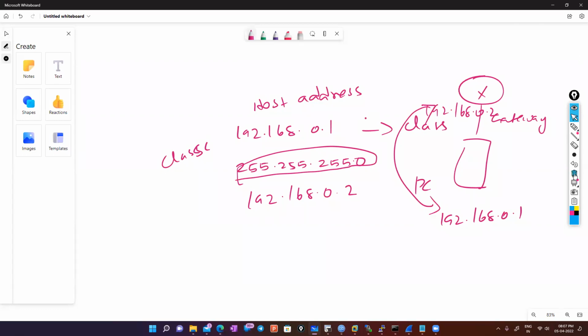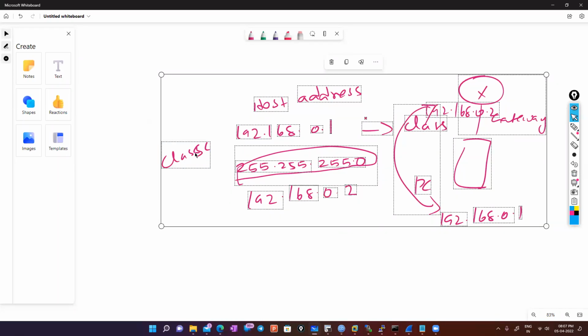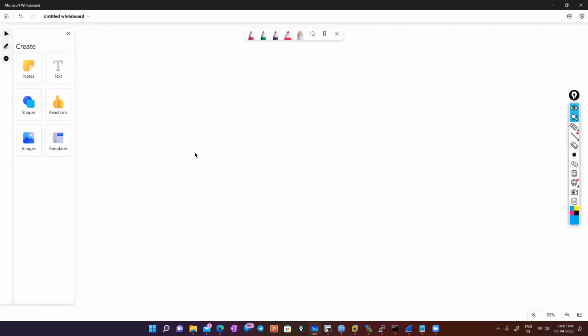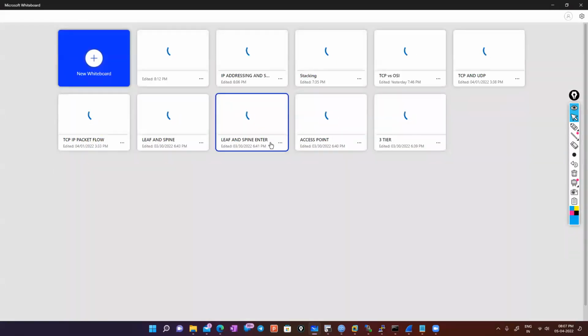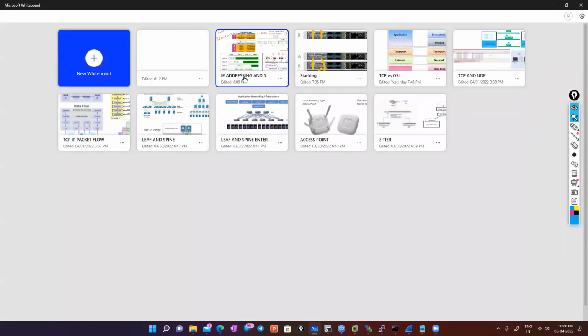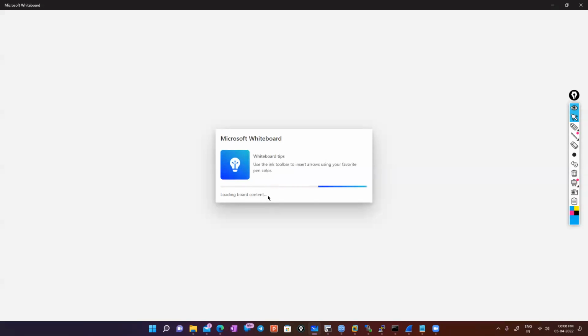I'll tell you, this is very basic. There are different ways of doing subnetting. People do subnetting in different ways. I'll show you the easiest way, which I follow all the time to do subnetting. So let me take this example. Okay, so class A, I'll go back to the chart. That would be helpful for you to follow me.